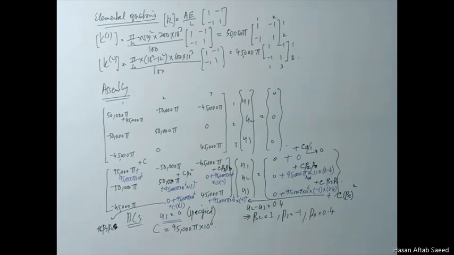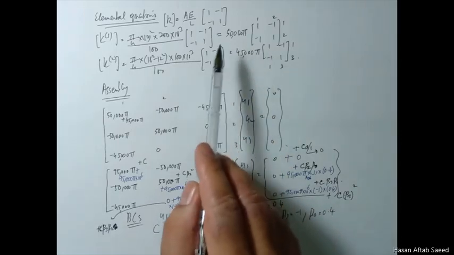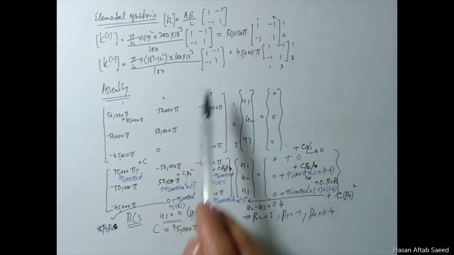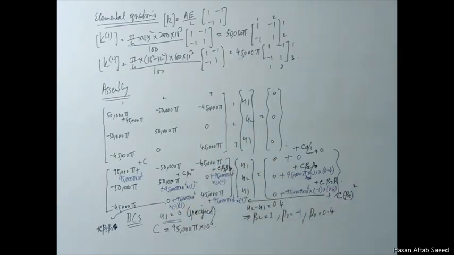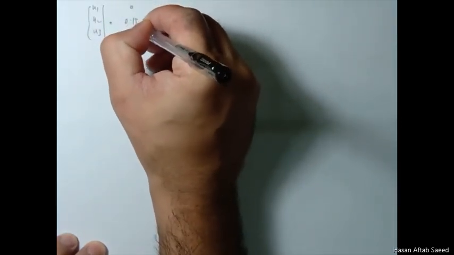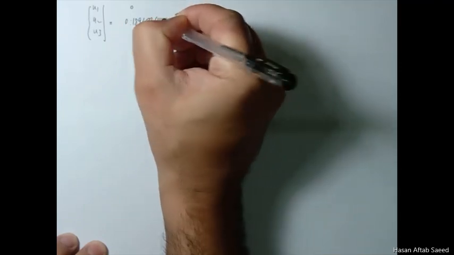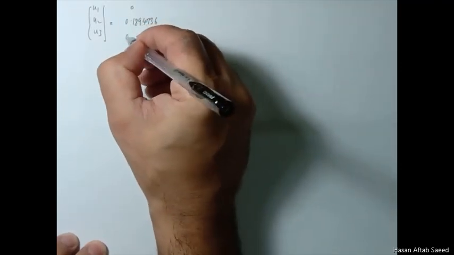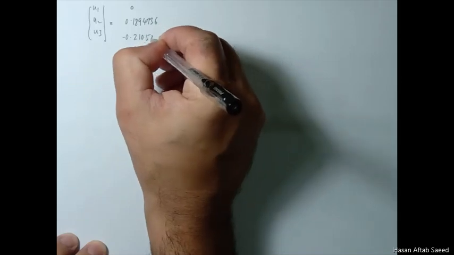So the next step is obviously the solution of this, and having taken utmost care not to drop any information by using pi's here, and avoiding decimal places, we now leave the rest to Excel to give us the exact values of U1, U2, U3, the accurate values, and they turn out to be 0.1894736, minus 0.2105263.